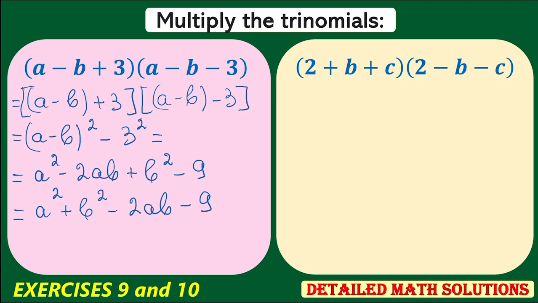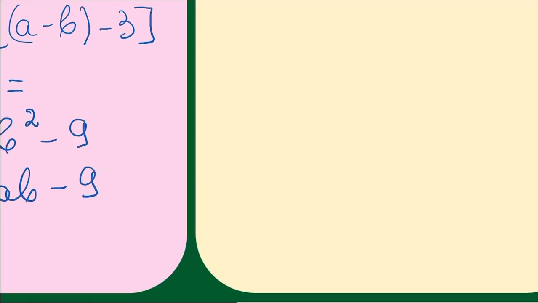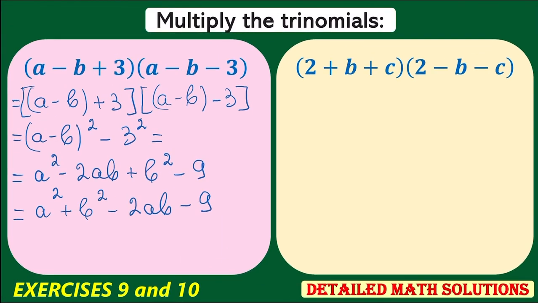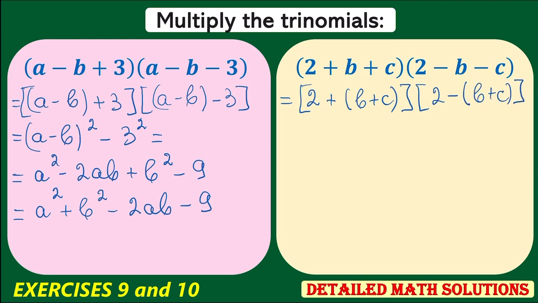Next exercise. Multiply the trinomials 2 plus b plus c in parentheses and 2 minus b minus c in parentheses. I can write this expression as 2 plus b plus c in parentheses multiplied by 2 minus b plus c in parentheses.